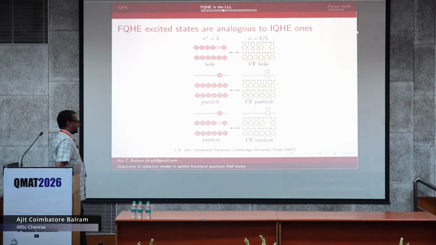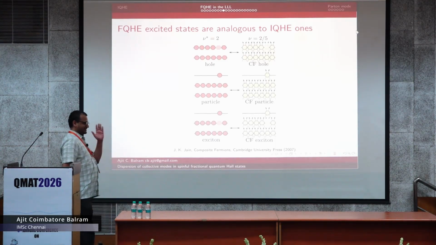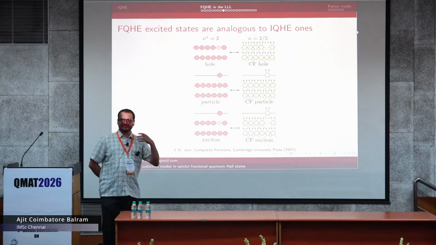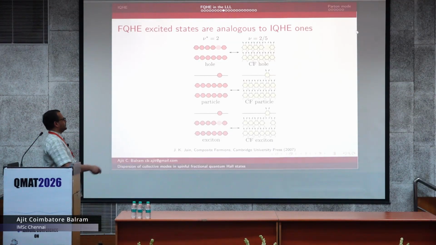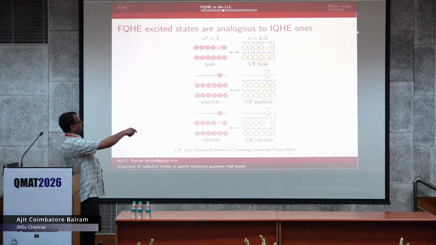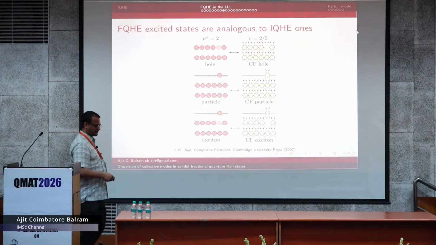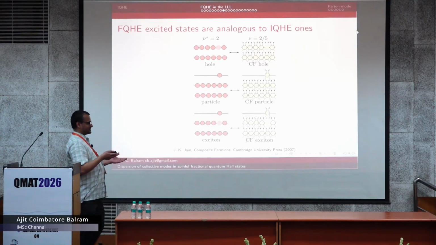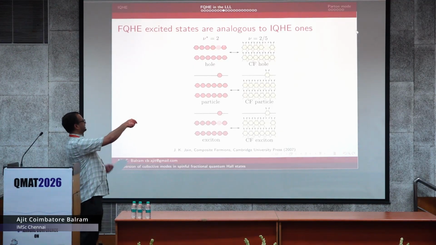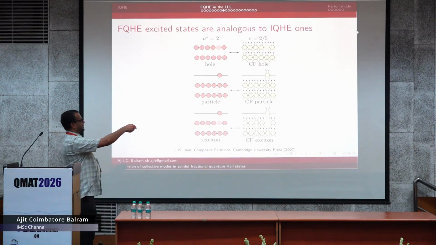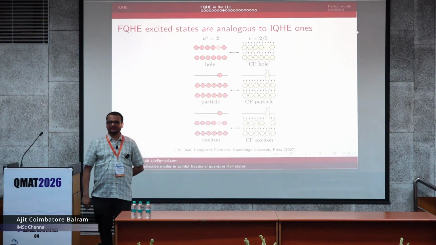Okay, so what about excitations? So this analogy to integer quantum Hall state essentially just pulls out everything for you. So let's take an example of filling factor 2/5. So 2/5 state of electrons maps to 2 filled lambda levels of composite fermions. So a hole excitation here would be an empty electron or an empty orbital in the nu equal to 2 state, and that maps to a composite fermion hole excitation.